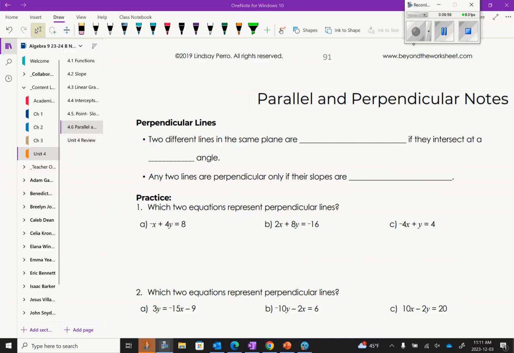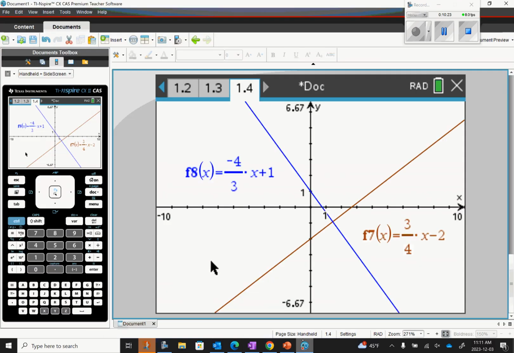So we can say two different lines that are in the same plane are perpendicular if they intersect at a 90-degree angle. Well, actually, if they meet at one 90-degree angle, they're really making four 90-degree angles.